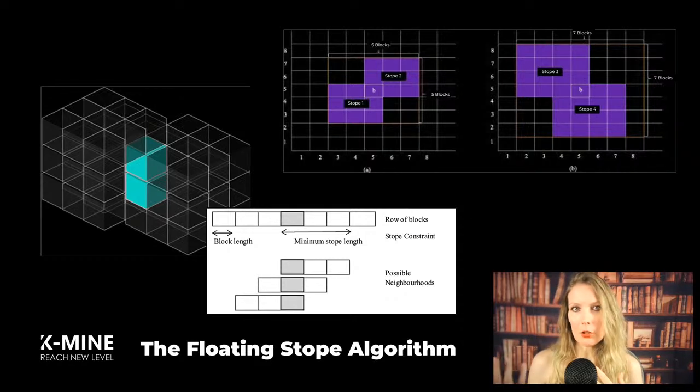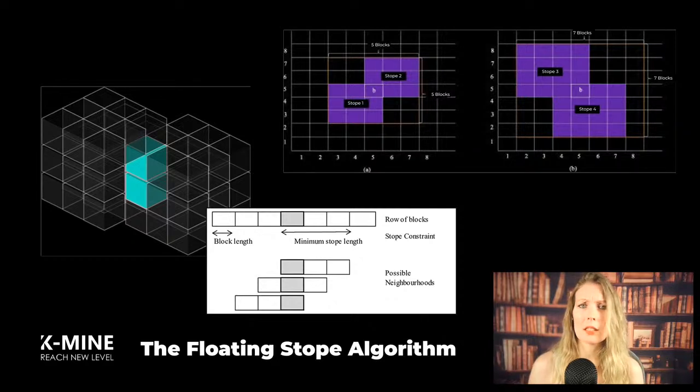The algorithm first evaluates the economic value of each ore block based on a predetermined cutoff grade. Then it creates two envelopes, the inner one representing the area of the highest ore quality and the outer one encompassing all possible stope positions. The optimal result is selected to be as close as possible to the inner envelope while remaining within the outer boundary.